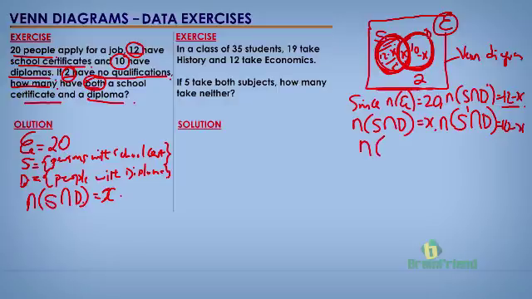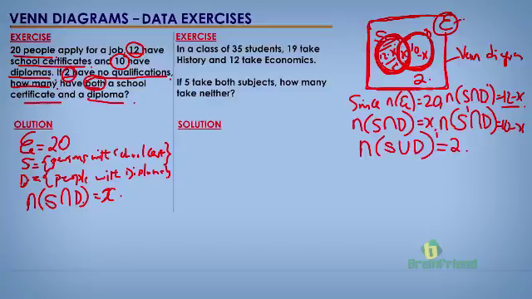And lastly, we have the cardinality of S union D prime, which is the complement of the union of S and D, and that is the region outside of the union but still within the range of our universal set. That value we get is 2.